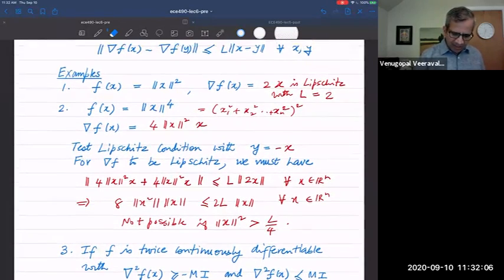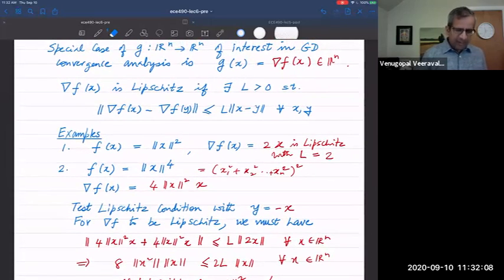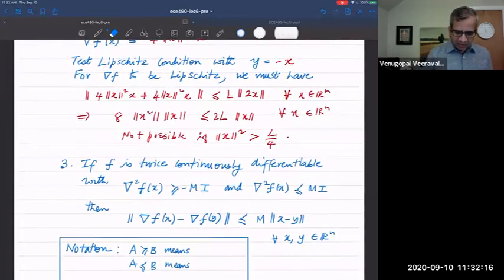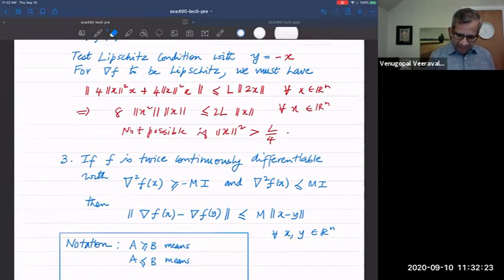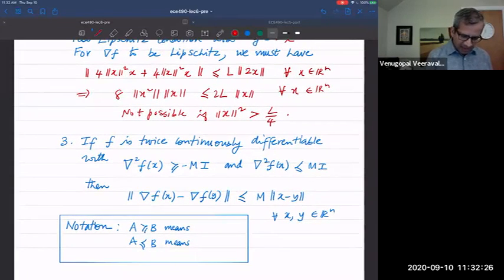So here something similar should hold for the gradient to be Lipschitz. For the gradient to be Lipschitz, you need to look at the next derivative, which will be the Hessian. So a condition on the Hessian, you would expect, may give you Lipschitz gradients. And in fact, that's true. If the Hessian of the function is lower bounded by minus mI and upper bounded by mI, then the gradient is Lipschitz with Lipschitz constant m.